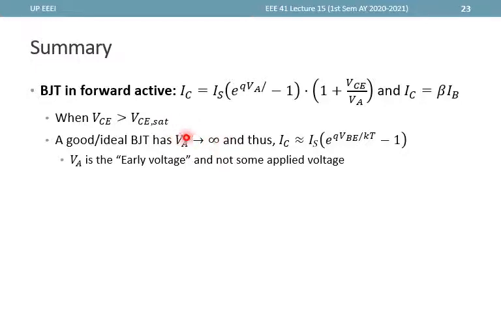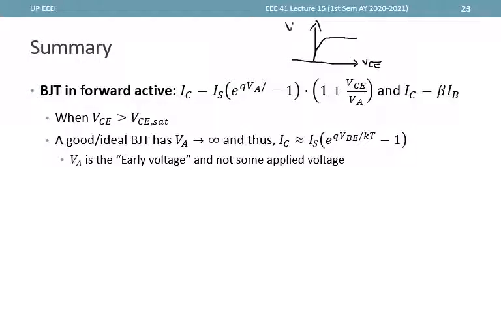If it approaches infinity, then this term right here technically vanishes, and we are only left with this equation, which tells us that IC is no longer a function of VCE. That's why when VA approaches infinity, the plot is technically flat in the forward active region, so changes in VCE do not result in a change in the value of IC.